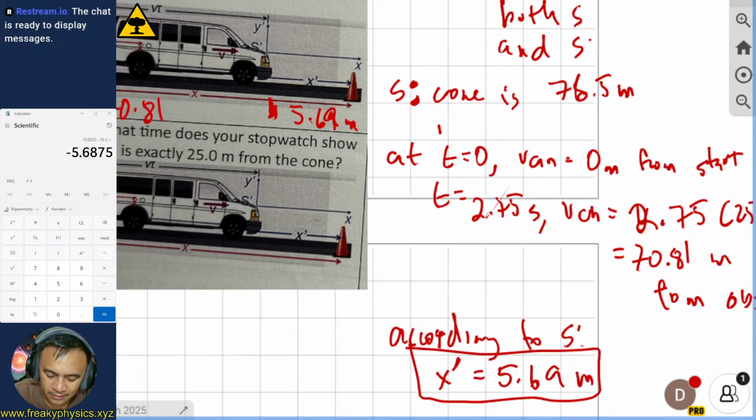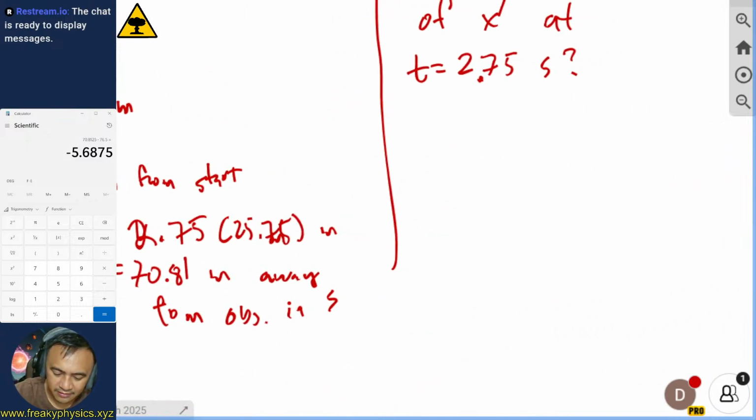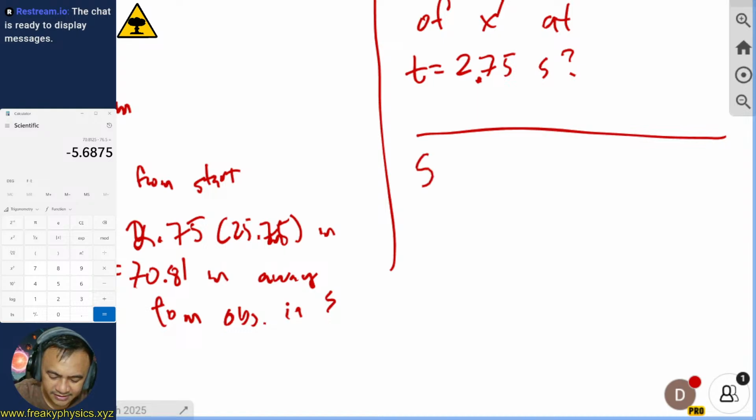But how about for the van, for S prime? We're going to have to take into account that x is going to be shorter. I used the wrong symbol here, so let's just say 0 to make it easier. This will be x0 prime, equal to x prime times gamma.